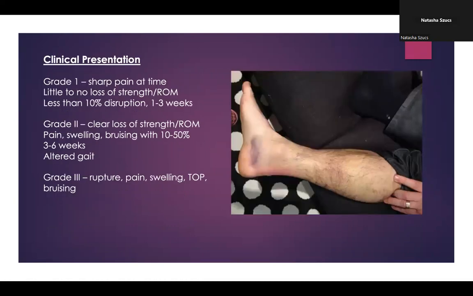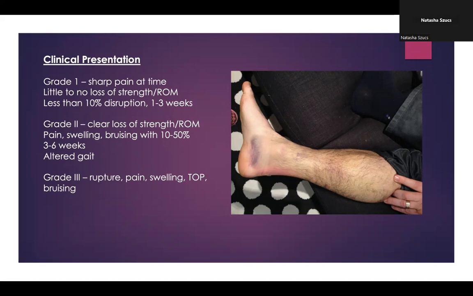Clinical presentation, certainly a lot of bruising taking place with the bigger tears, but initially you may have just a sharp pain, but still maintain function. With grade 1 and grade 2, similar to hamstrings, 10 to 50%, takes about the same time frame.